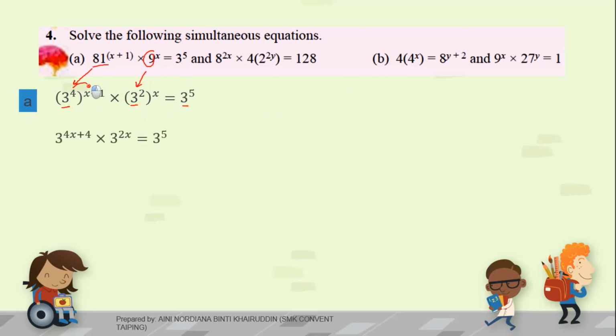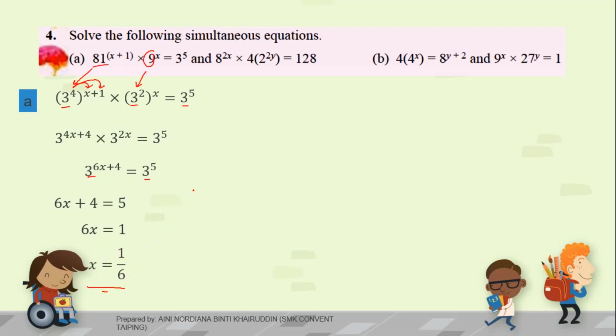So this is 4 times x, so 3 to the power of 4x plus 4, times 3 to the power of 2 times x is 2x. This remains unchanged. So for x plus 4 plus 2x, we'll get 6x plus 4. Since the bases are equal here, the index also equal. So from here, we'll get x equals 1/6.